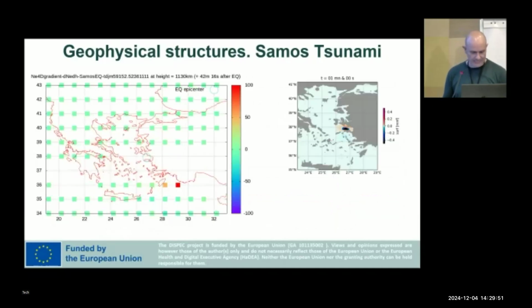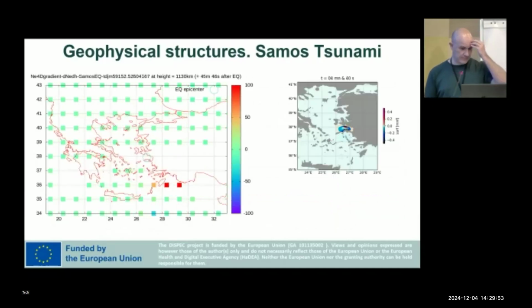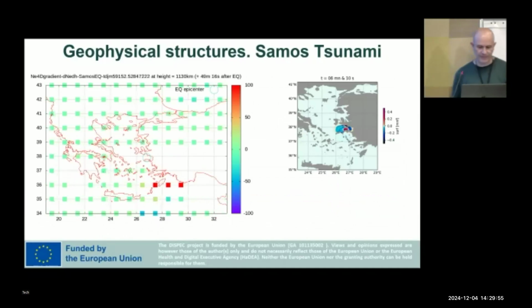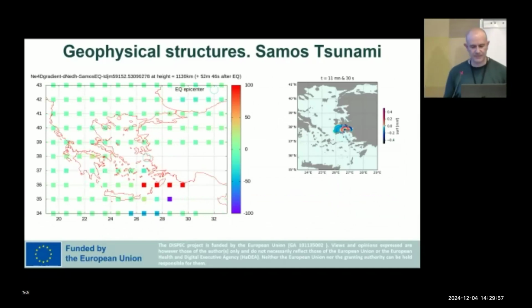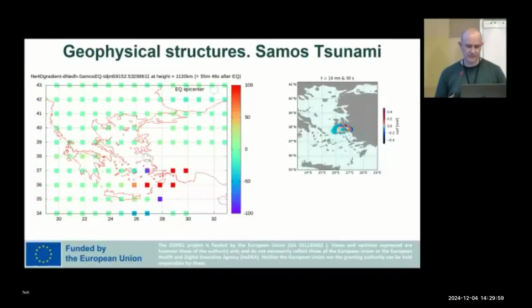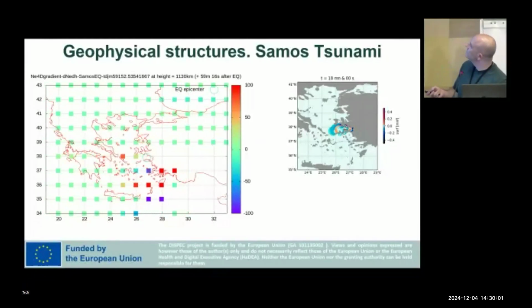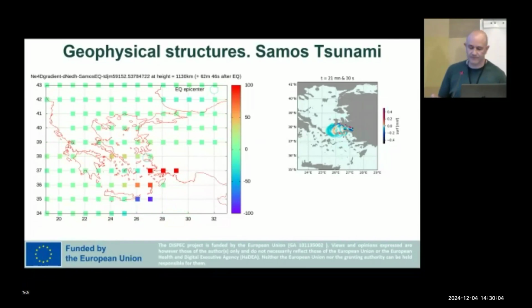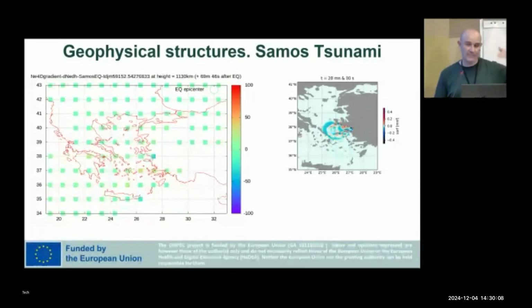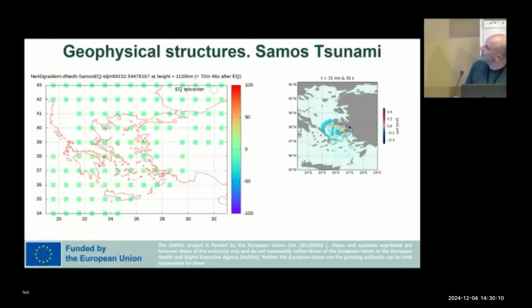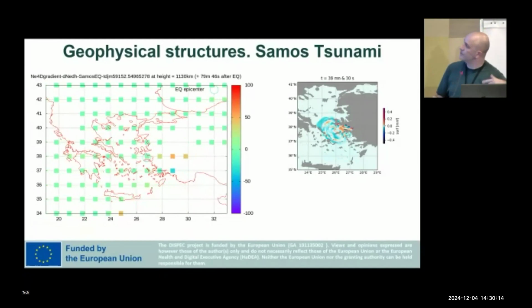And the next one is a movie showing this. On the right, you can see the propagation of the tsunami. And on the left are voxels of electron density at 1,130 kilometers height.